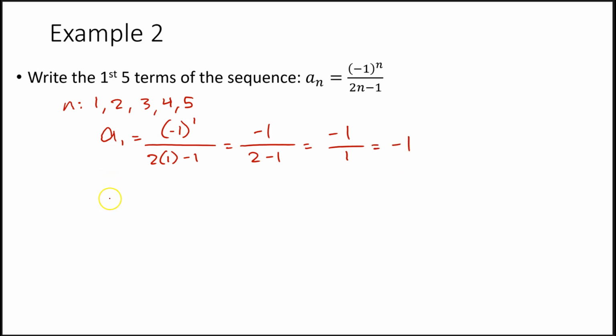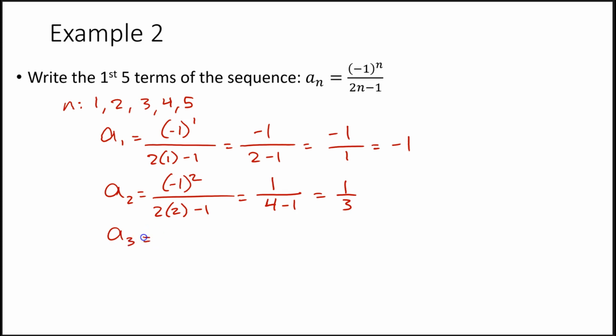So we have a sub 2 would be negative 1 squared over 2 times 2 minus 1, which would be positive 1 over 4 minus 1, or 1 third.